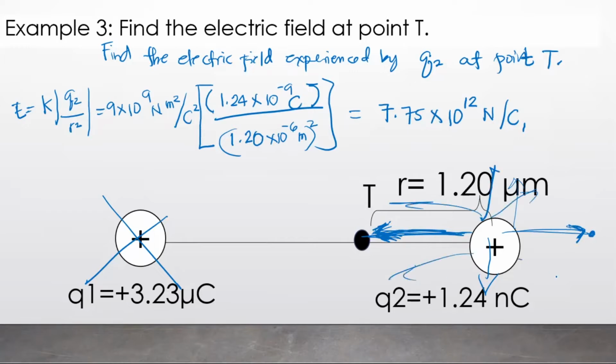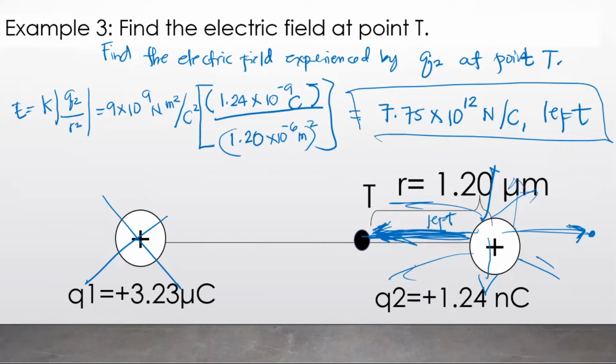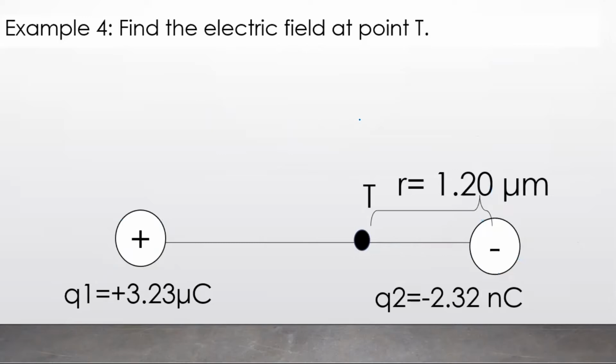So since it is outward, it does not go to the left. Therefore, our final answer is 7.75 times 10 raised to 12 Newton per coulomb to the left. Okay, that is the final answer for example number 3. Gets? Let's move on to example number 4.